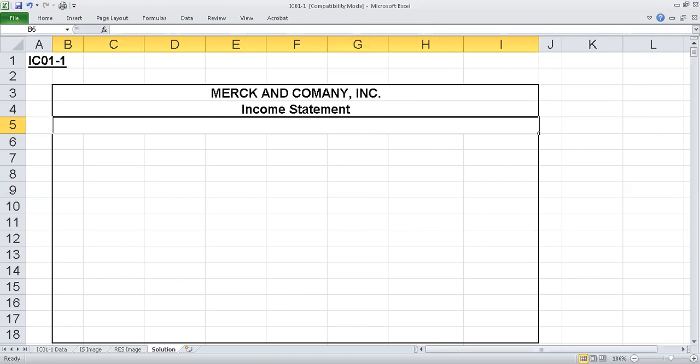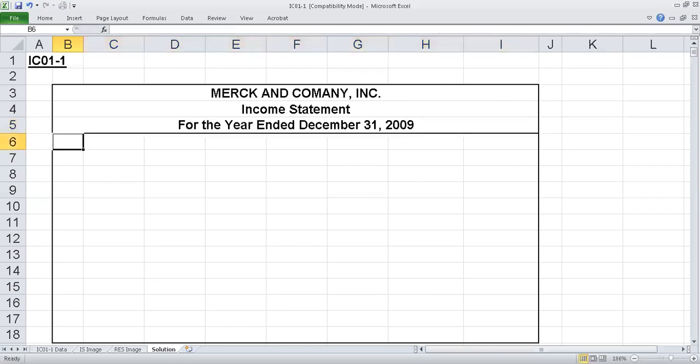for the year. But for the month and for the quarter, you'll have homework problems where you'll prepare financial statements for the month ended or for the quarter ended. But in this case, we're told for the year ended December 31, 2009.